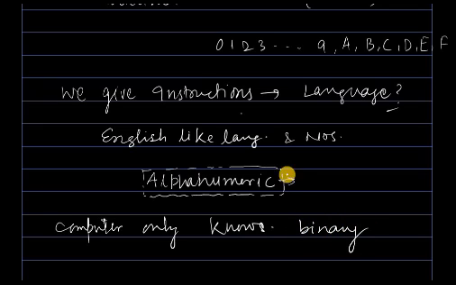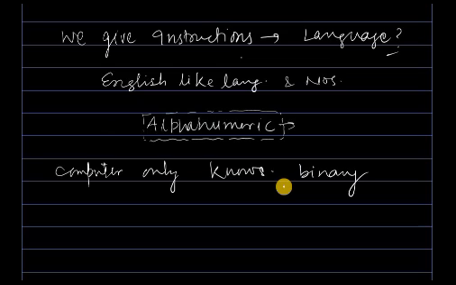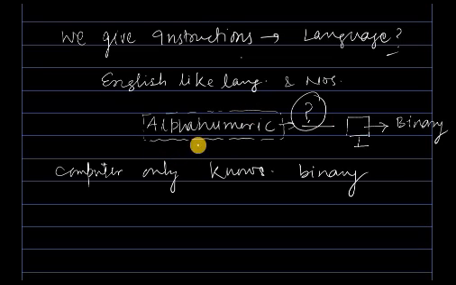Now think of a scenario wherein data is provided in alphanumeric format by the user, and the computer only knows binary. So the computer will say, what is this? Whenever you provide alphanumeric data, it will say, what have you provided to me, I don't know what you are saying. So what is to be done? Whenever data is provided to a computer, it is actually converted into binary format.